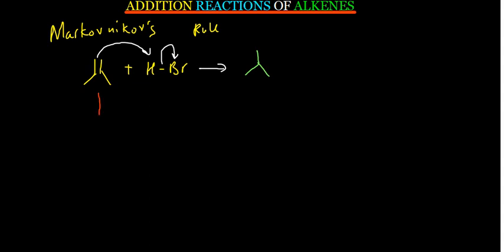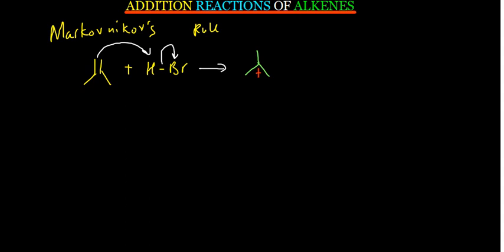Now, this carbon is going to lack an atom, because the hydrogen has attached to the other one. So this carbon here now has three hydrogens, and we know it is stable, but this one has only three bonds, so it remains with a positive charge. Because it's bonded to three other carbons, it is a tertiary carbon, and it is a stable cation.